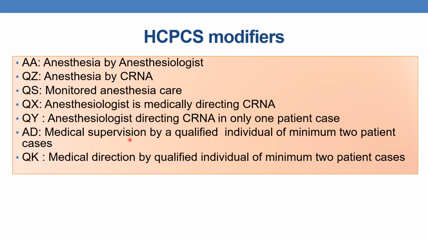Whenever there is medical supervision for minimum of 2 patient cases, you give AD modifier. And whenever there is medical direction for minimum 2 patient cases, you give QK. You give QK for medical direction and you give AD for medical supervision, and the minimum patient cases must be 2.